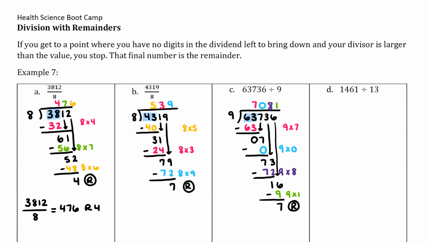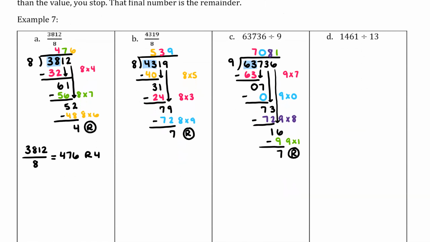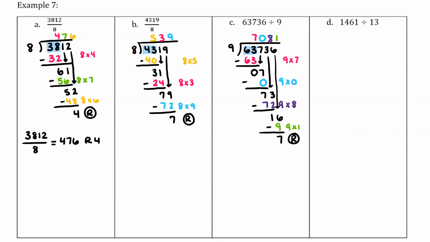Now let's try 1,461 divided by 13. In this problem, we do not have a times table for 13. So we're going to need to do a couple multiplications of 13.